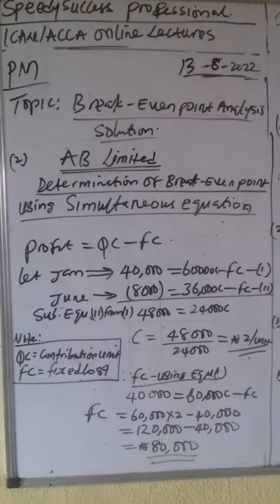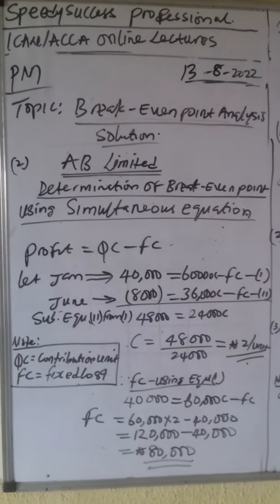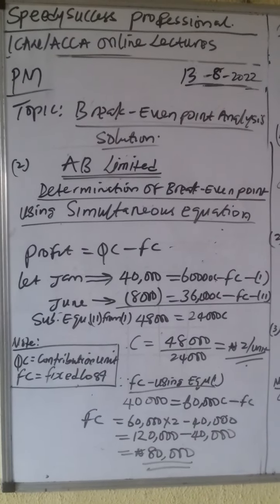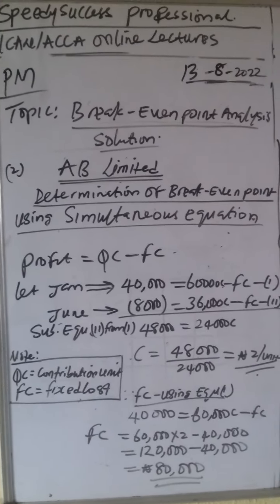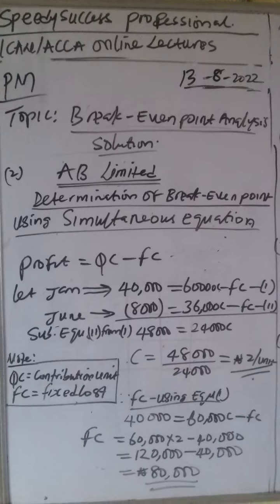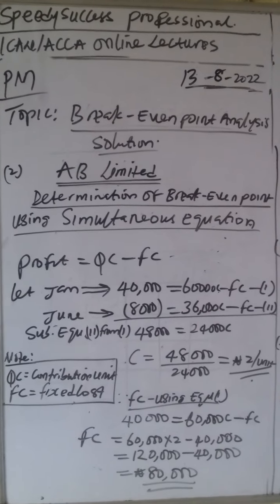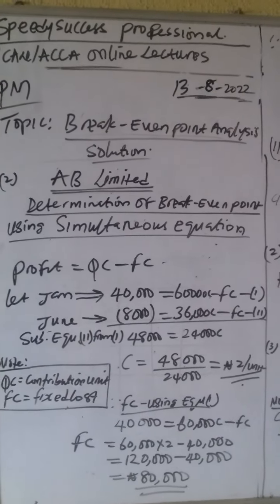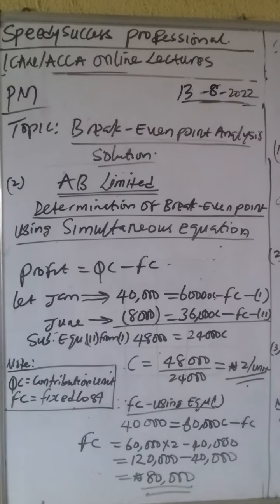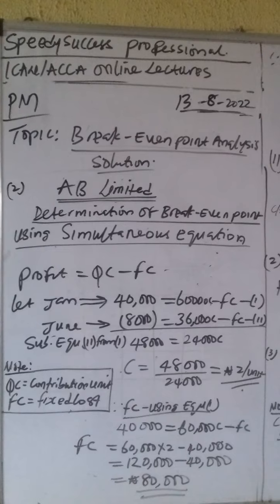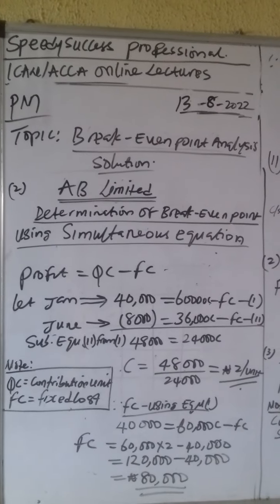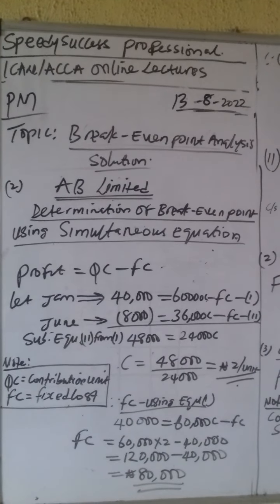When we apply that, we can choose the extreme figures of the data, January and June. Someone has asked me before, I said you can choose any of the dates. The formula is 40,000 is equal to 60,000 C minus fixed cost, equation 1. And for June, 8,000 loss, which is 36,000 C minus fixed cost.